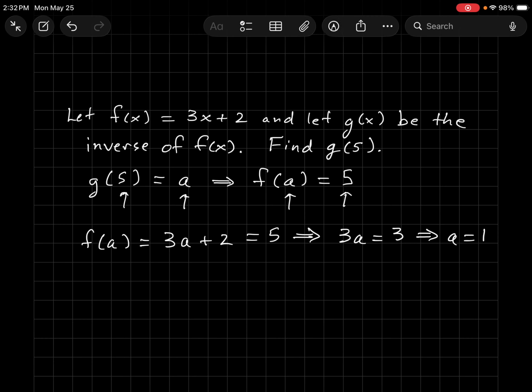So f of 1 equals 5, which means that g of 5 equals 1. And so one really important thing that we see from this is that when we're finding inverses of each other, we can switch the x and the y values.